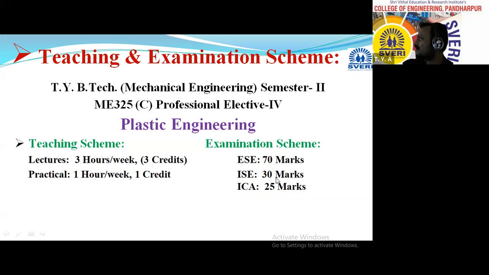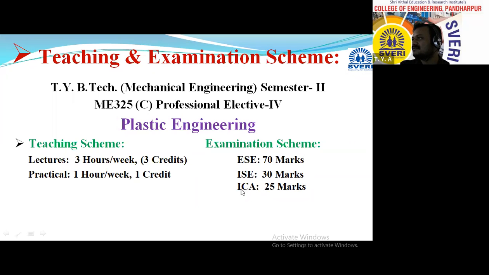We are going to conduct 2 ISEs, each for 30 marks, and the final ISE marks will be given depending on the average of the 2 ISE marks. If college physically starts, we will try to take 3 ISEs. If conditions remain the same, we will take only 2 ISEs, and the average will be given for 30 marks.